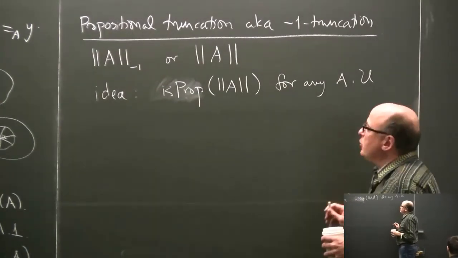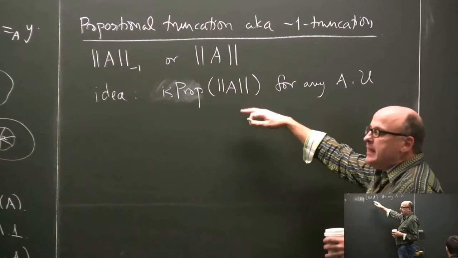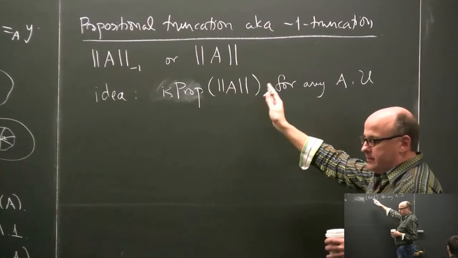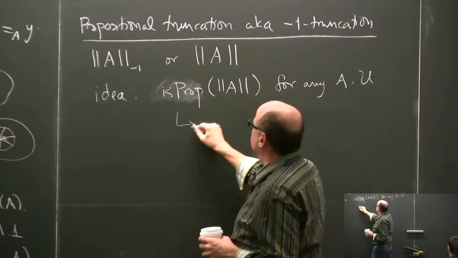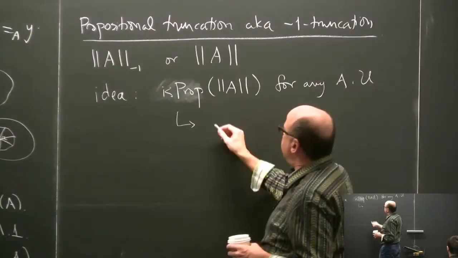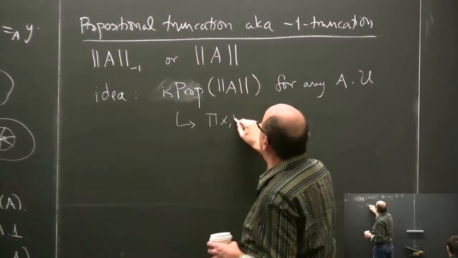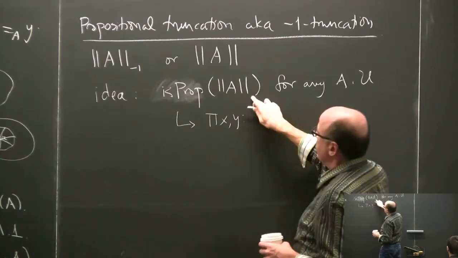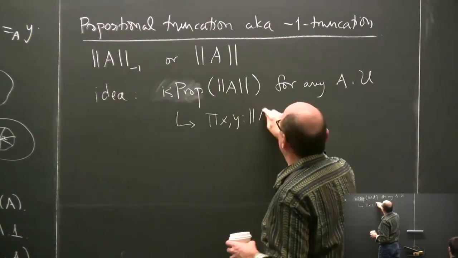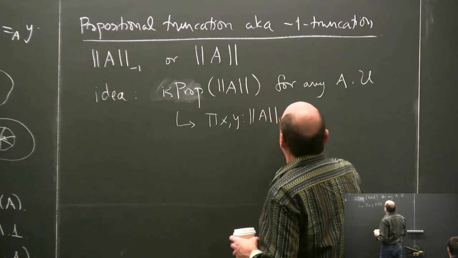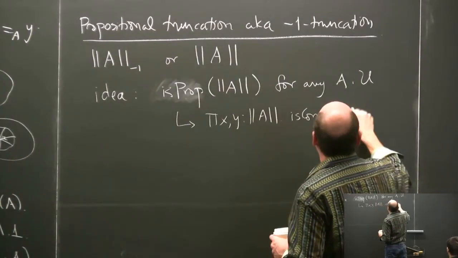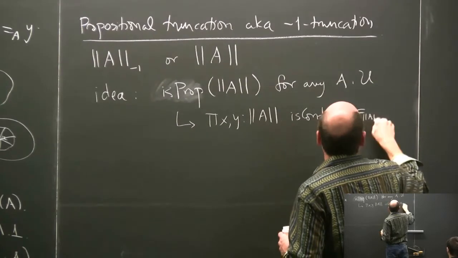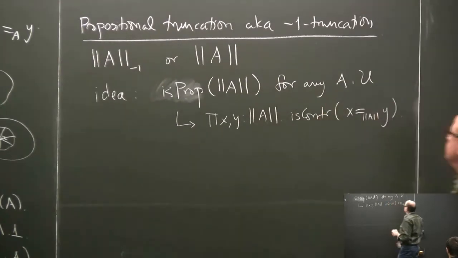Remember, it means that it has at most one proof, or another way of saying it is, at most one element. So this can be said as, remember we worked out equivalence, that for every x, y in A, the equality type is contractible.